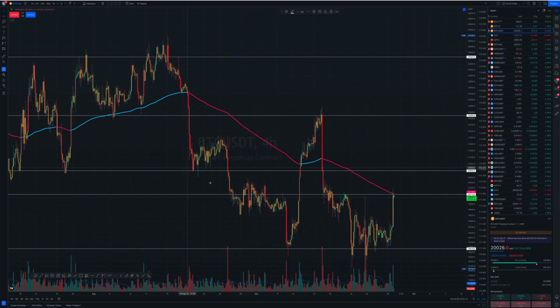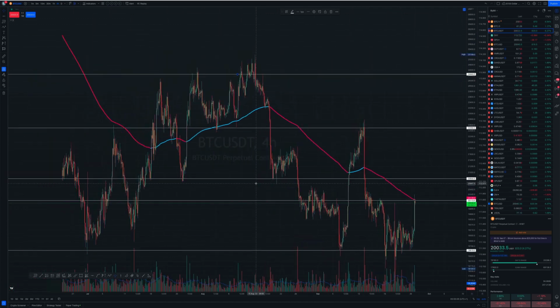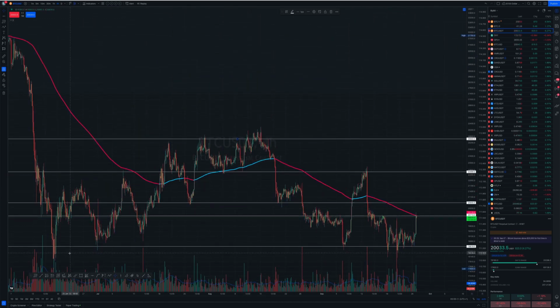Maybe we've come down, we've tested this low at 18.9, and we even peaked down to 17.6 on a weekend. That was the actual ultimate low, right back here.